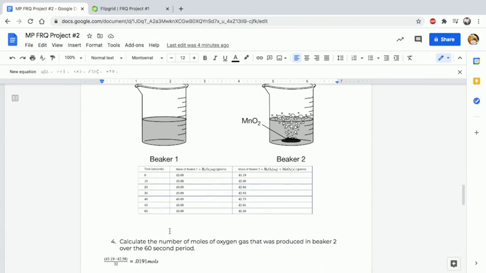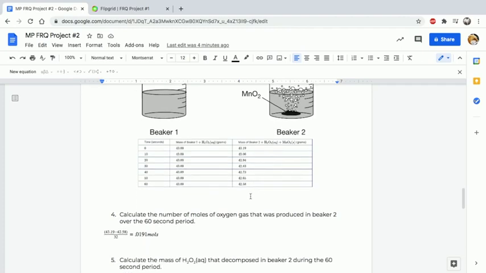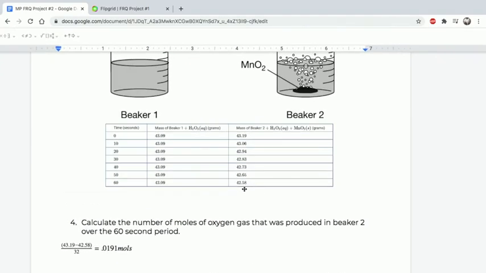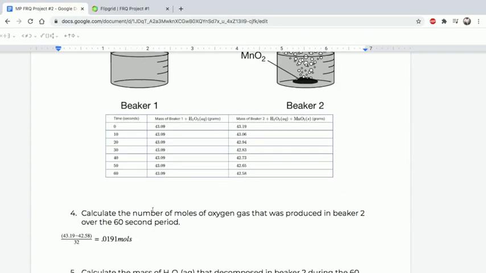Number 4 is asking us what the number of moles of oxygen gas produced in beaker 2 was. Looking at the data, we can compare the 43.09 and the 42.58 and find the difference of them.